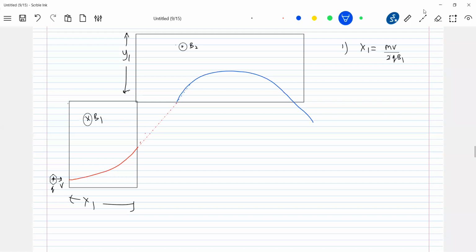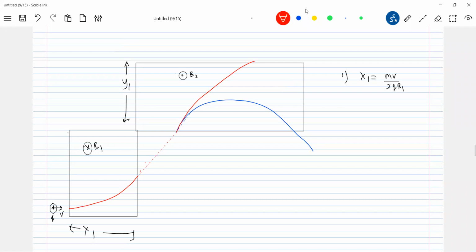It again depends on the value of y1. If y1 is certain values, it may also come out like this. I'm just trying to give the various conditions. You'll get some problems related to multiple steps also.